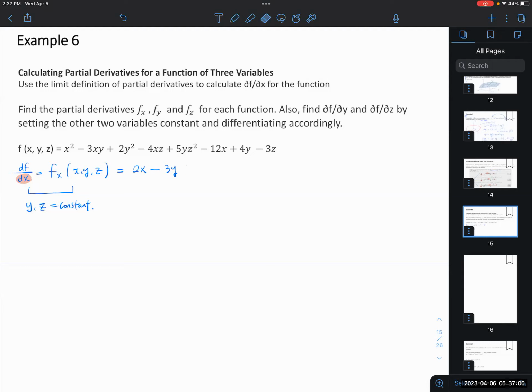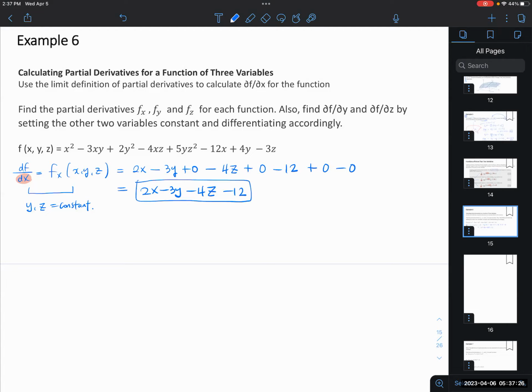And minus 4z remaining, because you're taking the derivative with respect to x. 5yz is constant, 0, minus 12, 4y, 0, minus 3, 0. So basically the answer will be 2x minus 3y, minus 4z minus 12.